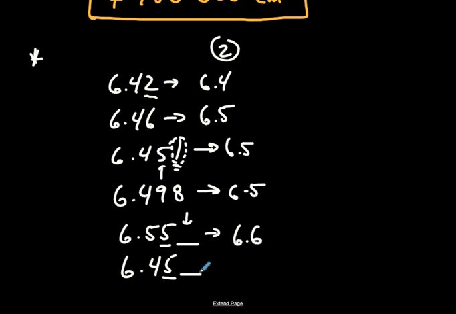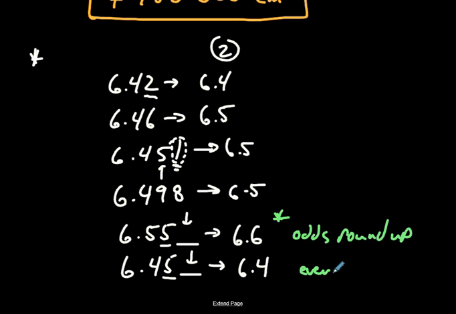If we have a 5 with nothing after it and an even digit like 4 before it, you maintain the digit. Odds round up, evens maintain. The only time you're ever going to run into that is if the 5 used for rounding is followed by nothing. If it's followed by any number, just round up like you would with other 5s.